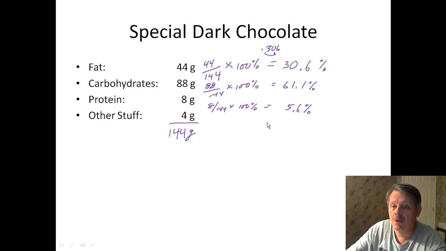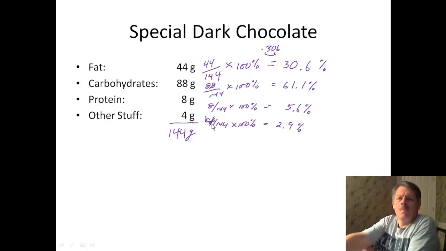And 4 grams is going to be half of that. So if I take 4 and divide by 144 and multiply by 100%, I'm going to get 2.9%. Sorry, that's a 4. My bad.